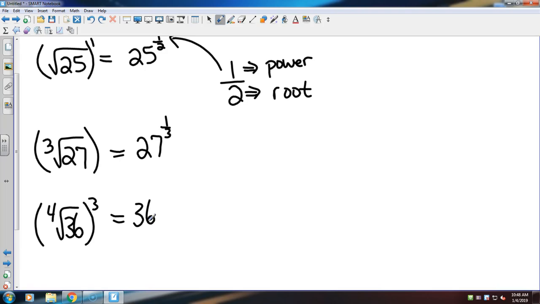The bells still ring when school's not going on. And so that's 36. The power is 3, and it's the 4th root. So that's 36 to the 3/4 root. Excuse me, 36 to the 3/4 power. I said that incorrectly. 27 to the 1/3 power, 25 to the 1/2 power.